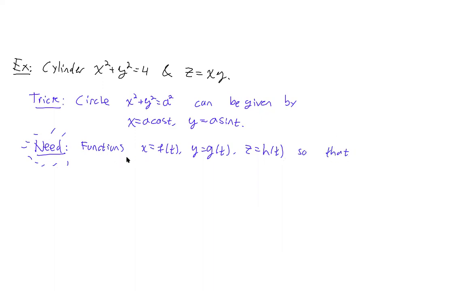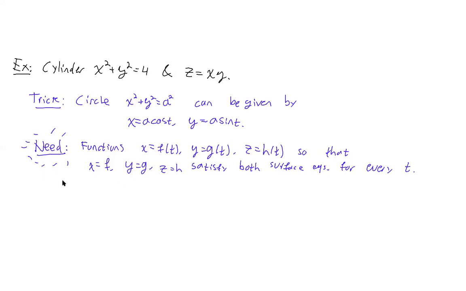So that f, g, and h, so x equals f, y equals g, and z equals h, satisfy both surface equations for every t. And that's really what we're looking for here.